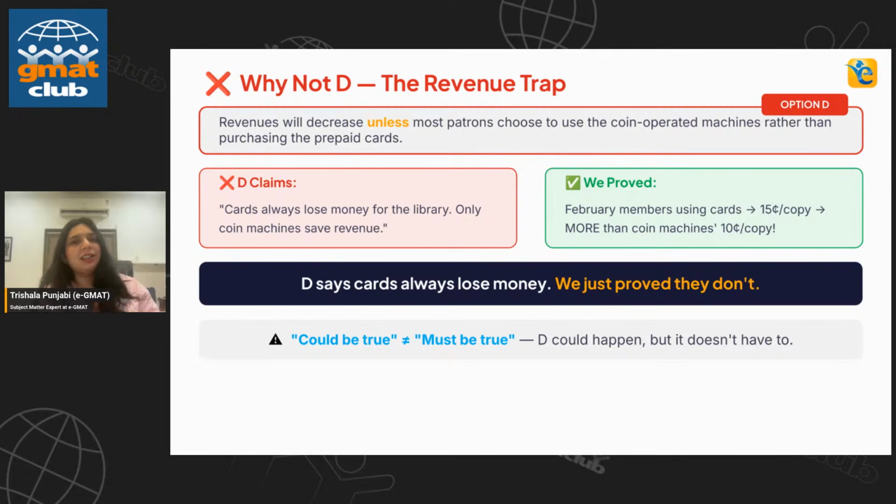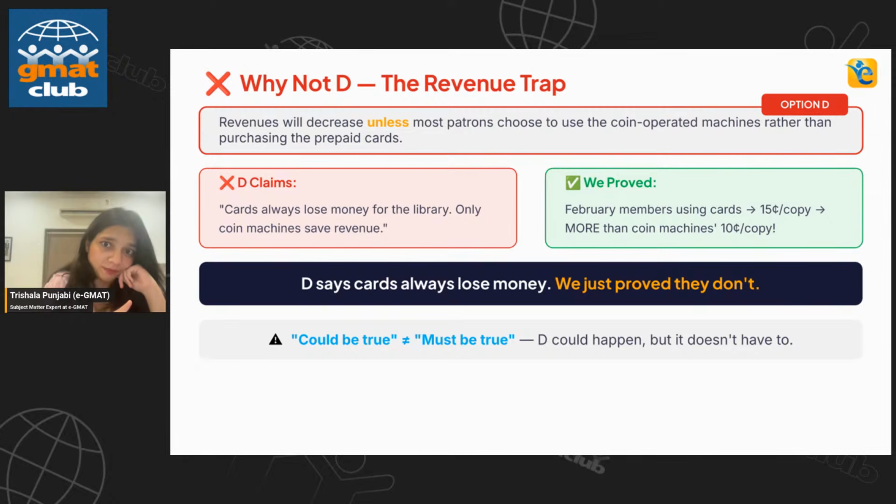That's why it's saying now that unless you supplement it with the coin, revenue is going to decrease. So the entire option D is saying that because of this, revenue is decreasing. But we already proved that the revenue is dependent on the consumption of the card. Right? D says that cards always lose money, and we just proved that they did not.